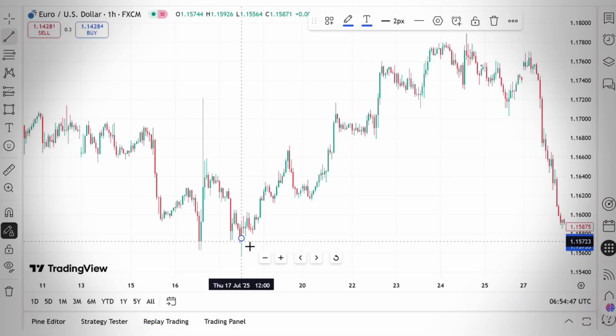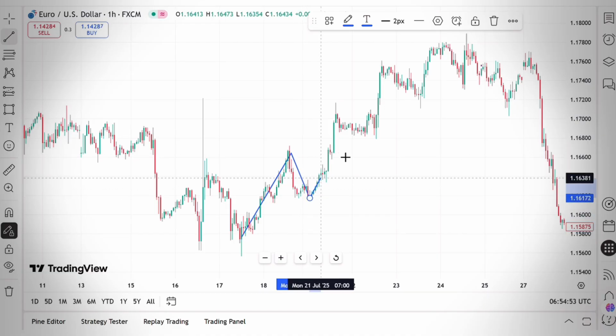Once again, if you are yet to properly understand how to identify support and resistance zones, then you want to see our video on support and resistance and how to trade with support and resistance. It's in our technical analysis series, and you will find that video very helpful if you are looking to become a price action trader. Now the next concept is market structure. Price doesn't move randomly.